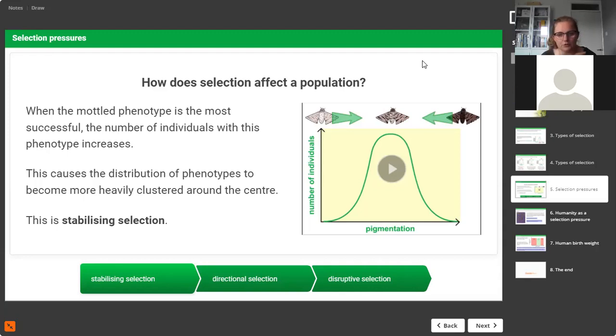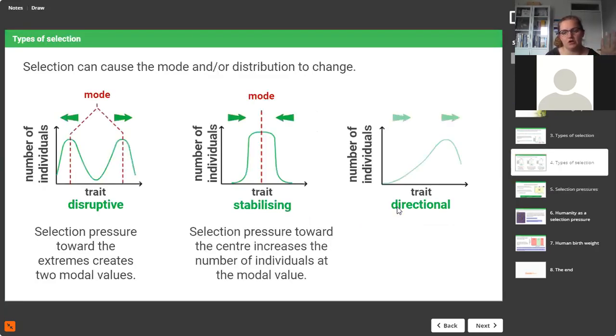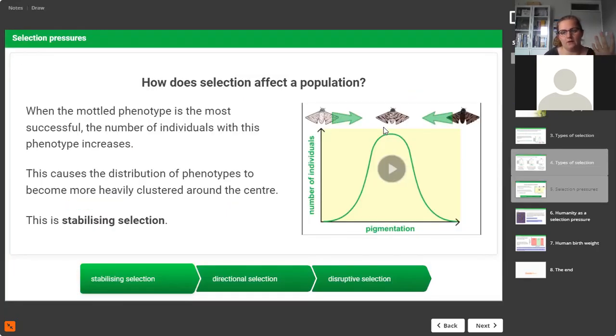And the whole story behind them is that there was a higher distribution of these white moths. The Industrial Revolution came along, and basically, let me go back. So you had a high amount directional, so it was towards the white moths. Then selection pressure came along, the Industrial Revolution, and these moths lived on silver birch trees, so they blended in with the colour of the bark.